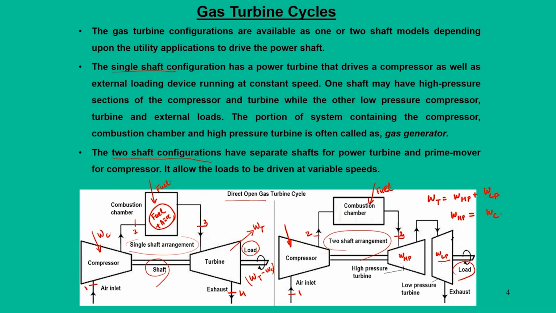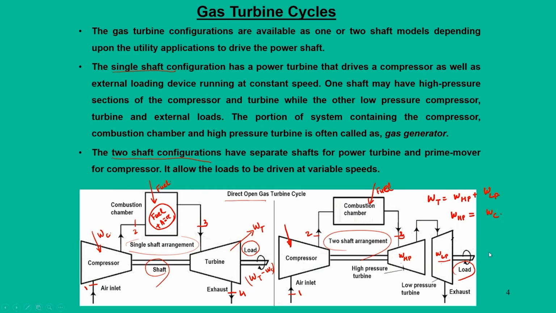The advantage is that in the single shaft arrangement, we cannot run the system at varied load, but in a two shaft arrangement, since the two shafts are decoupled from each other, only the compressor and high pressure turbine run at the same RPM, whereas the turbine connected to the load can run at a different RPM.